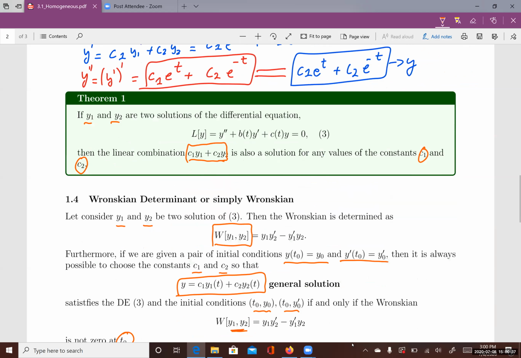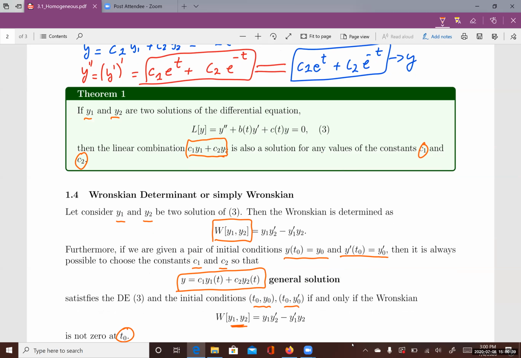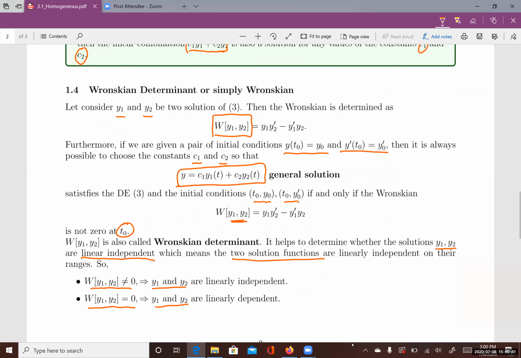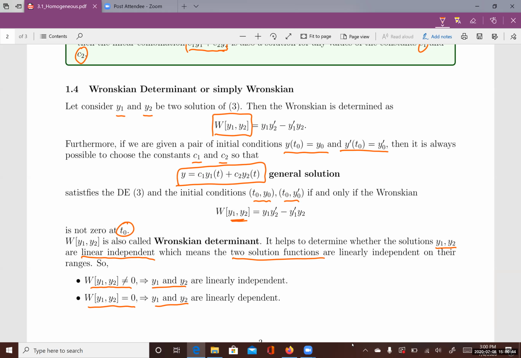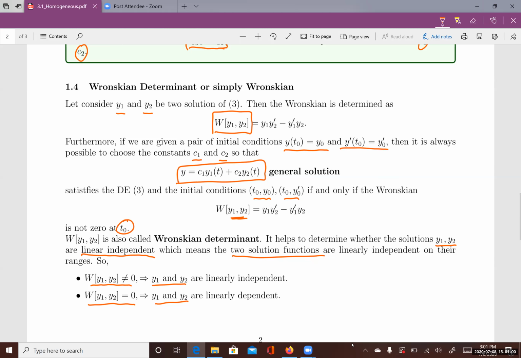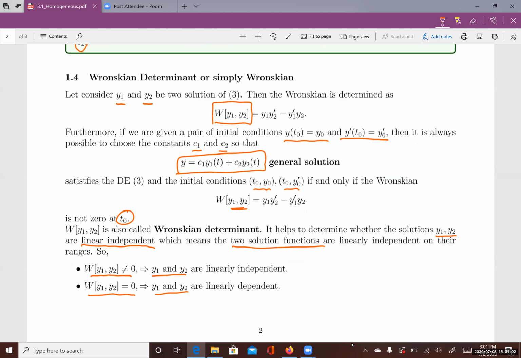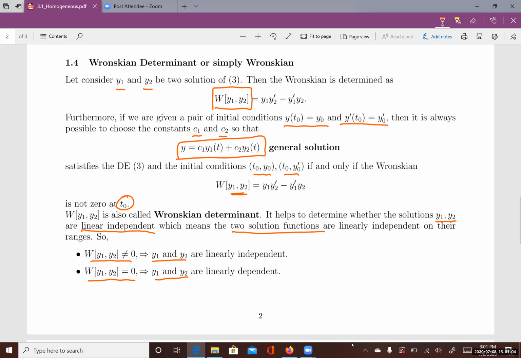And if you find two solutions and you want to determine whether those solutions span the entire solution set for the differential equation, meaning all the linear combinations of those two solutions describe the solution set, then you want to use the Wronskian determinant.